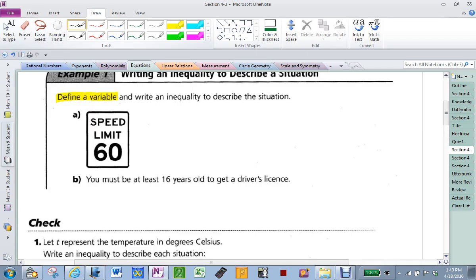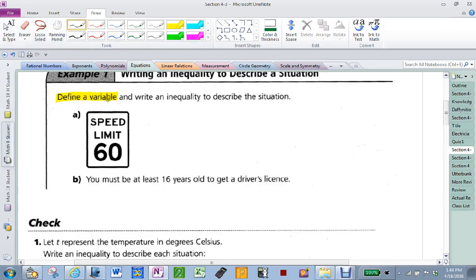Oh yes, defining a variable. Do not tell me the definition of the word variable. That is not what I want. I want a variable for this question.